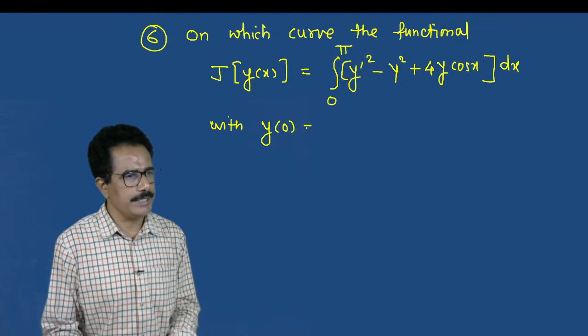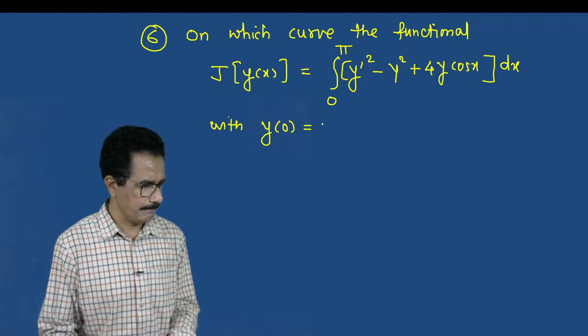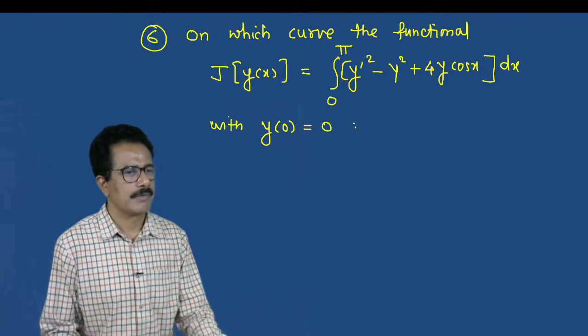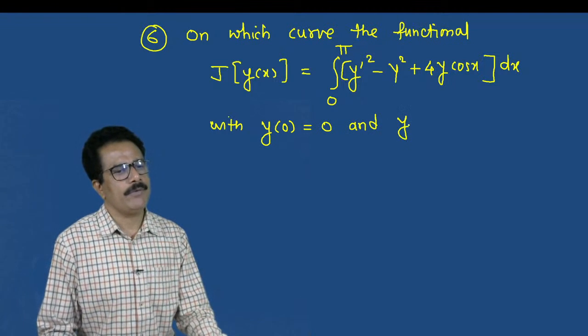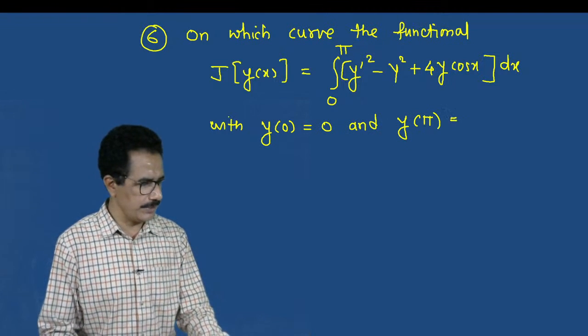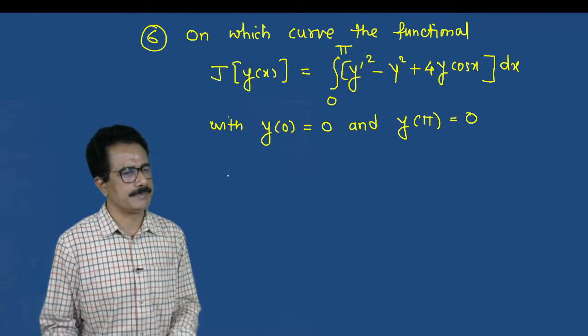y of 0 is equals to 0 and y of pi which is equals to again 0.